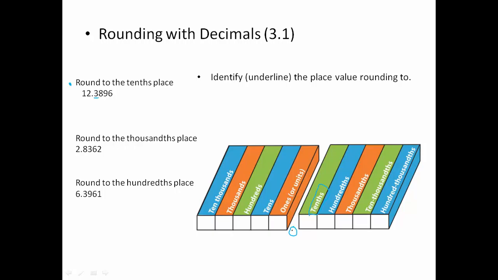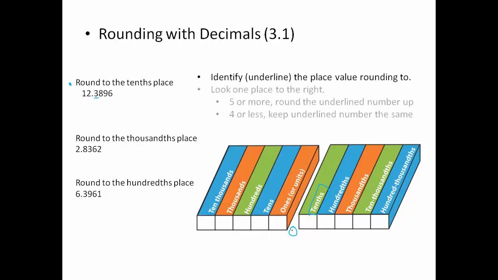So I've identified my tenths place. As I mentioned in the notes here, I like to actually underline it. That helps a lot later on when you're having to look back and forth between two different digits. My next step, I'm going to look one place to the right. One place to the right of the 3 is an 8. My categories say if it's 5 or more, I have to round the underlined number up, and if it's 4 or less, I have to keep that underlined number the same.